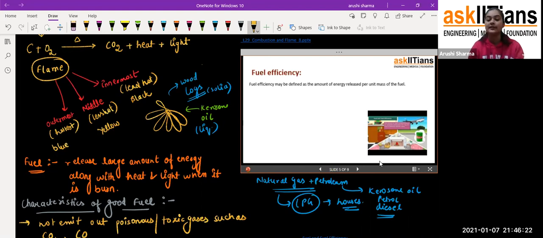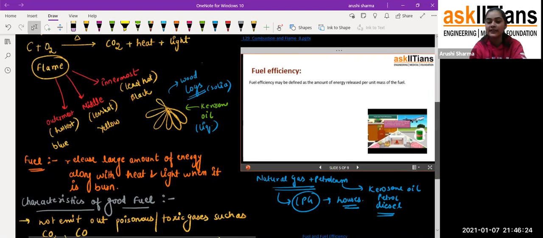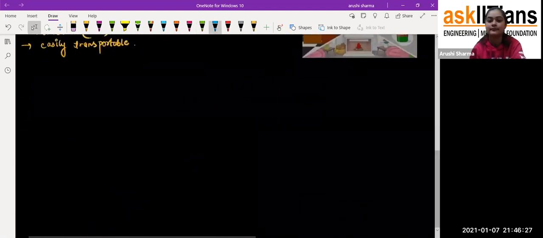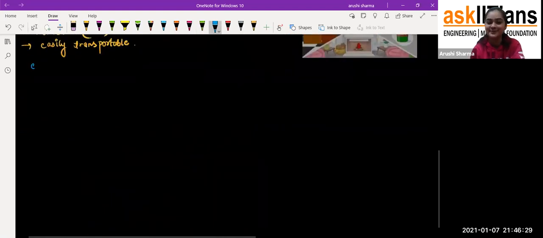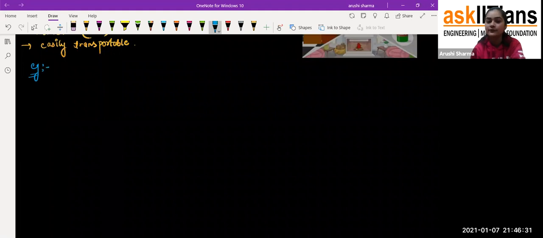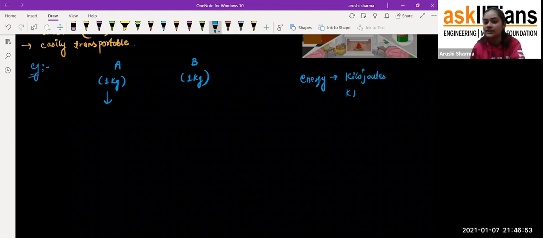I'll take an example here. We have two fuels, for example A and B, and we take 1 kilogram of each of them. Now we are burning them, and the energy we get we measure in kilojoules, that means kJ.